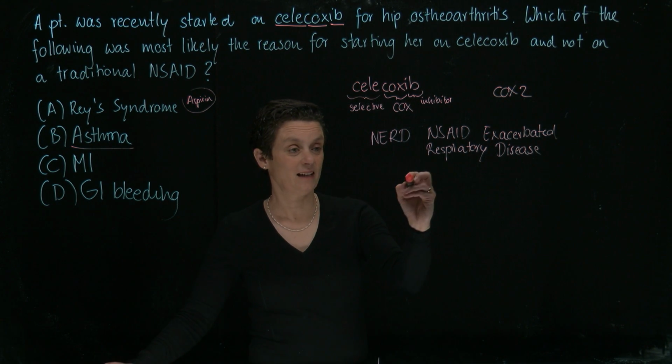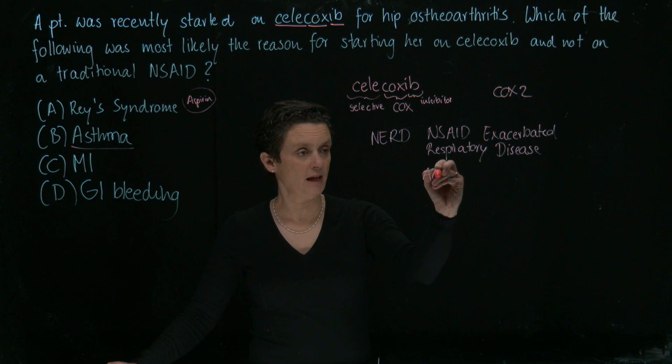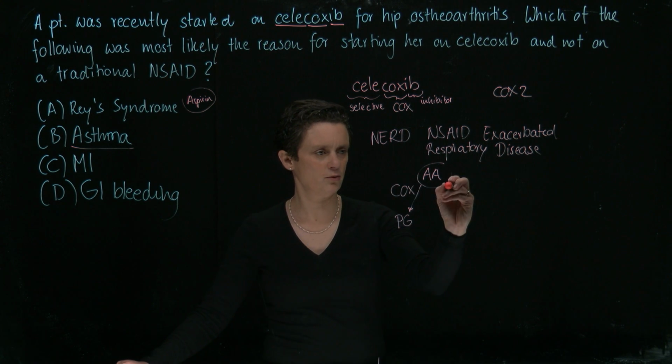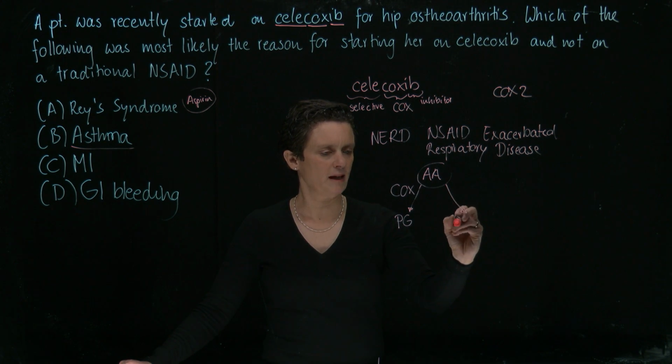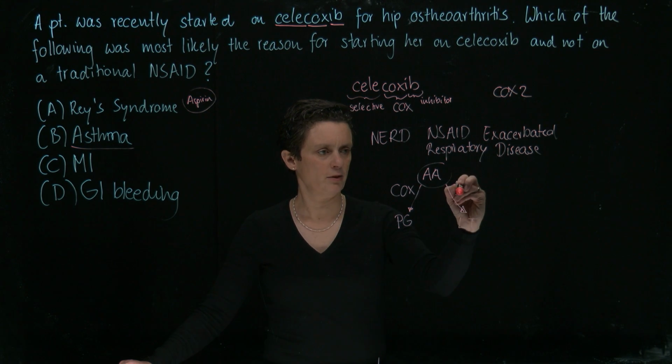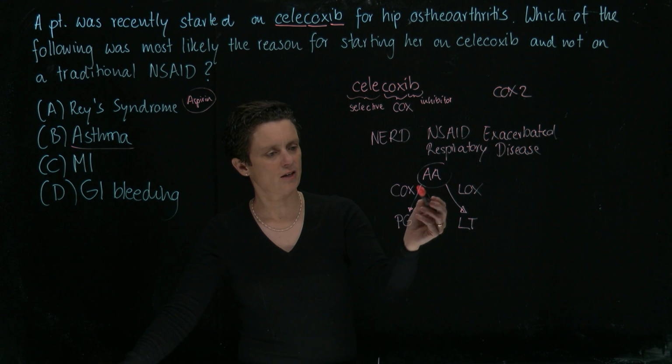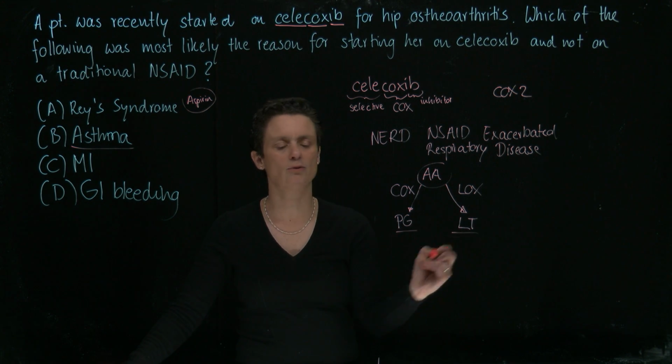And why is that? Well, when we make prostaglandins, they come all from arachidonic acid, and we use the enzyme COX, COX-1 and COX-2. And also when we make leukotrienes, we use the enzyme LOX. So from the same precursor arachidonic acid, we get prostaglandins and leukotrienes.